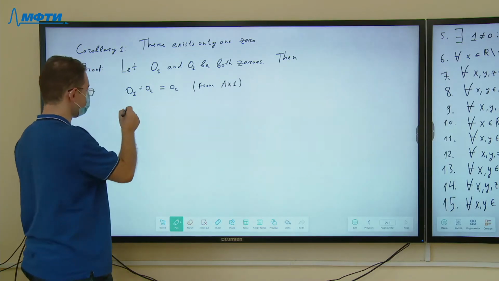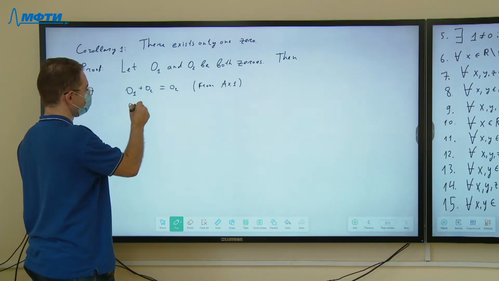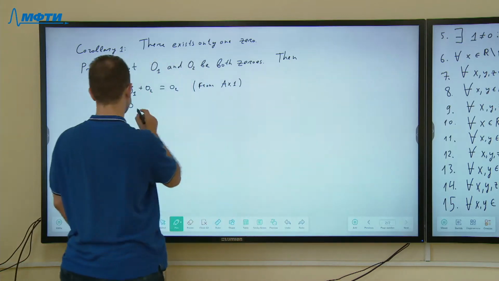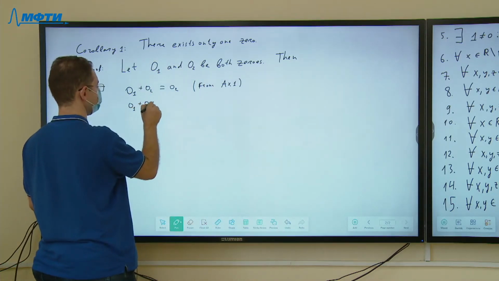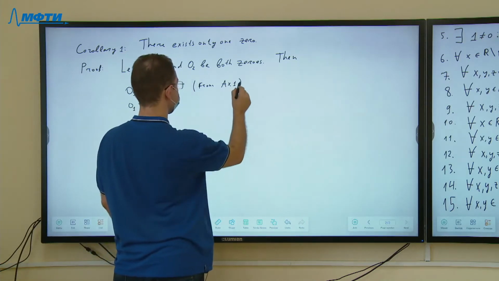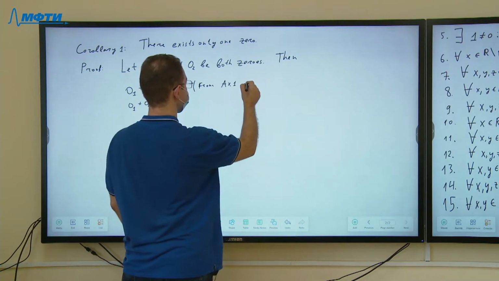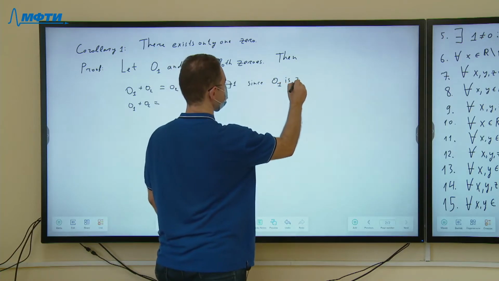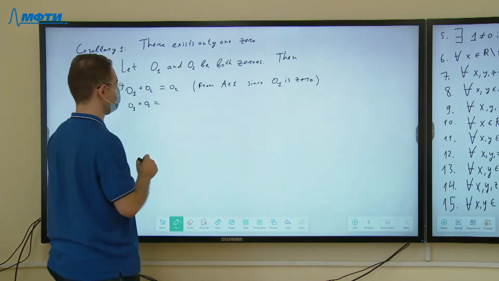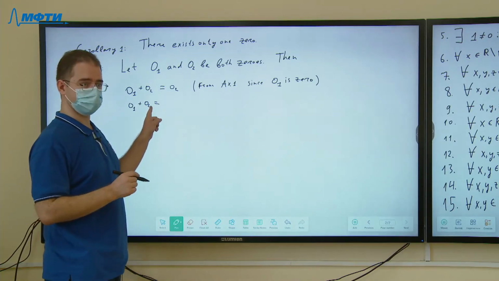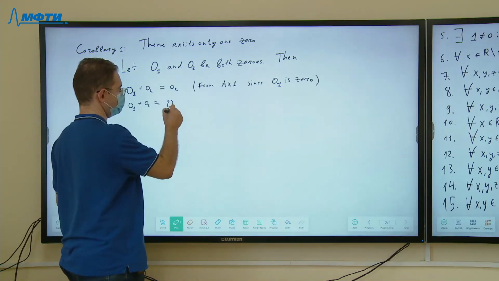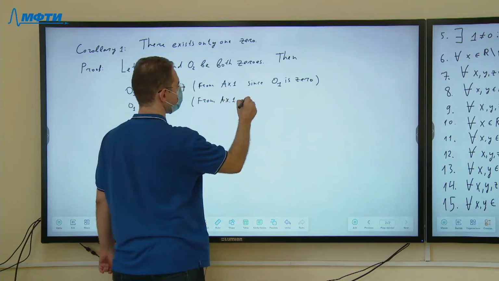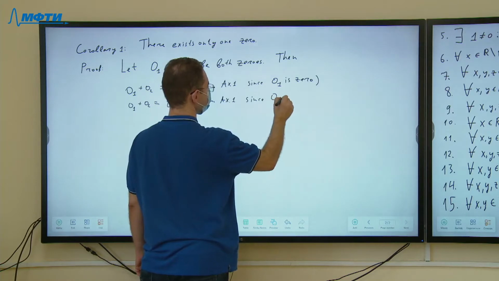But on the other hand, since O2 is 0, this equals O1, from axiom 1.